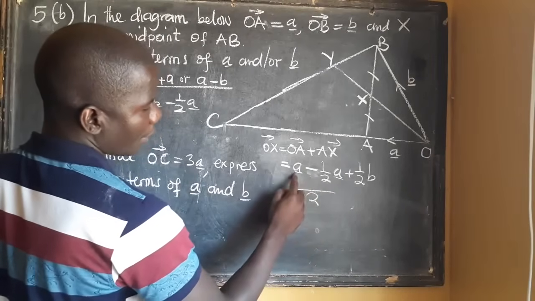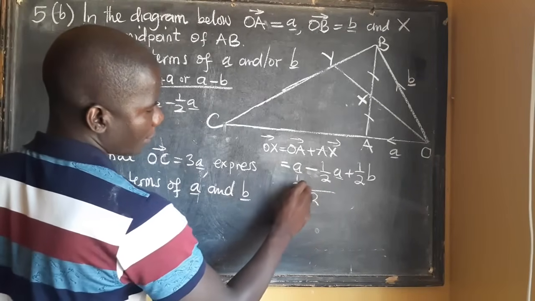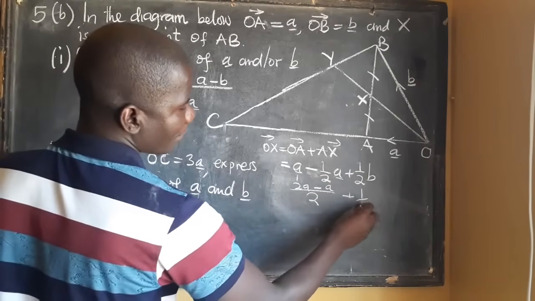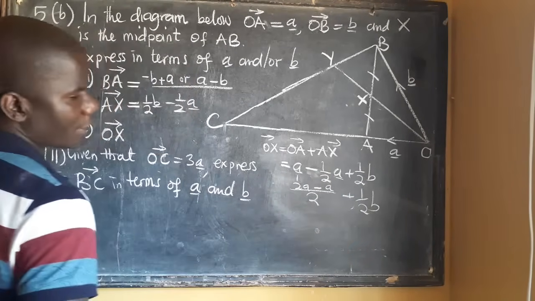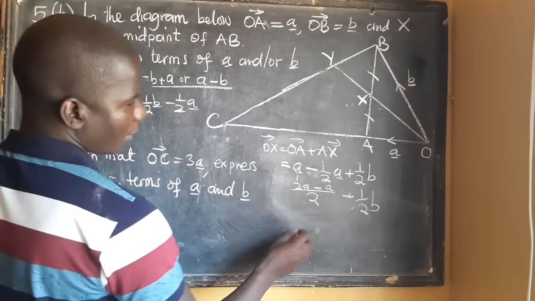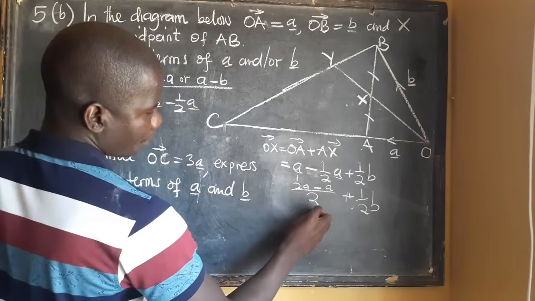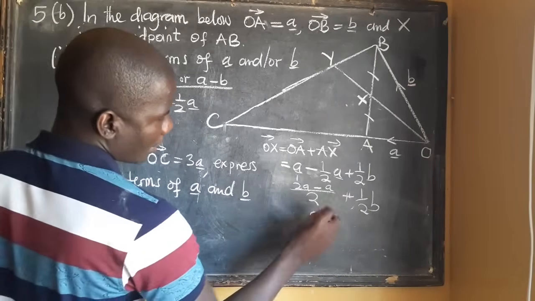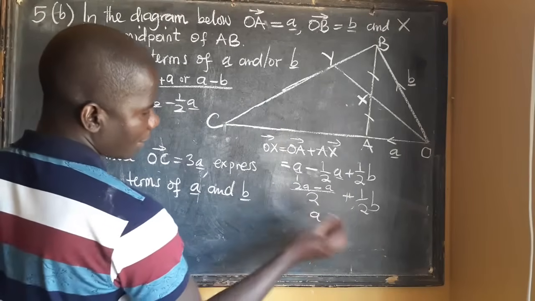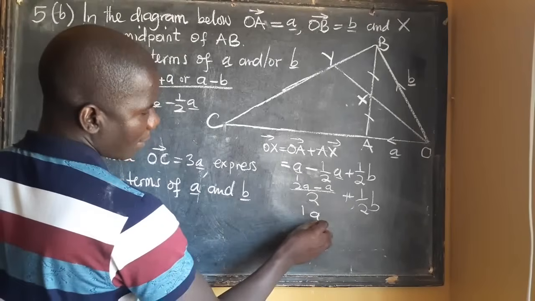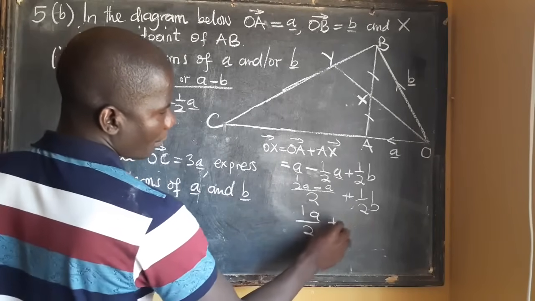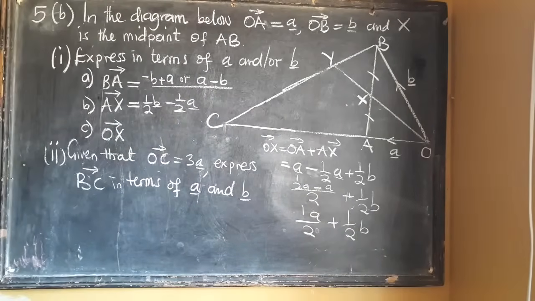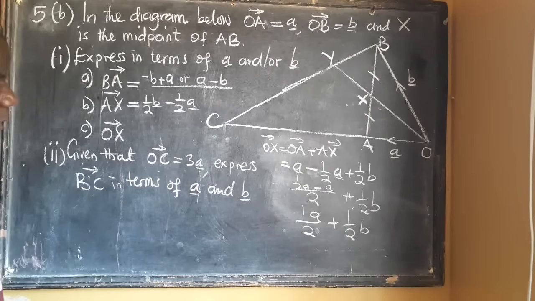I have 2. 1 into 2 is 2, so this is going to give us 2A minus A plus 1 over 2B. When we subtract, what do we get? 2A minus A is 1A over 2 plus 1 over 2B.